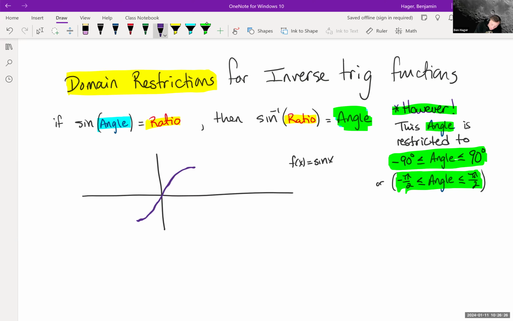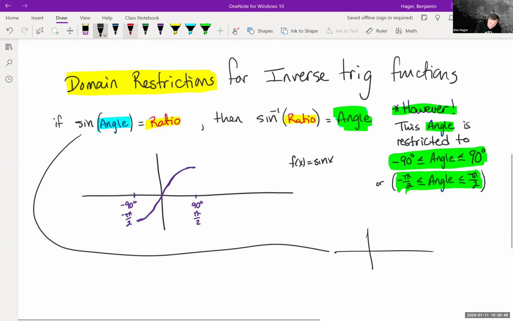Where these cutoff points occur, now this x-axis is in terms of angles, is at 90 degrees and negative 90 degrees, or again, if you're working in radians. So when you're plugging an angle into the sine function, this guy in its entirety will take any angle you want to plug in.